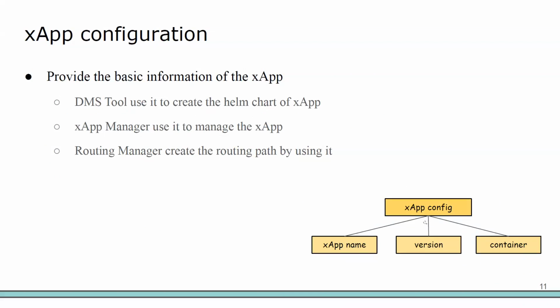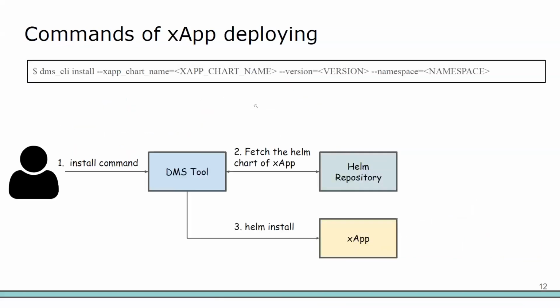The config includes the xApp name, version, and the container. The container section describes information like the URL of the xApp image and the image path, and so on. So that is the xApp configuration.